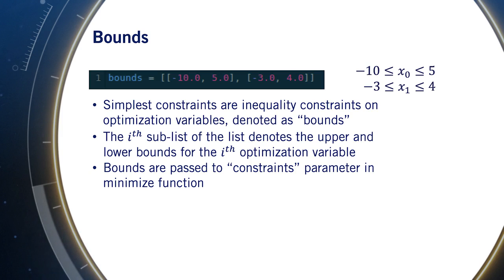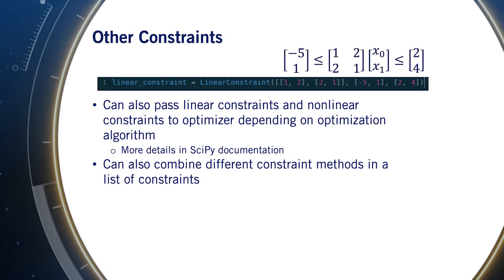In other words, the first sublist corresponds to the bounds for x0 and the second sublist for x1, etc. These bounds are then passed to the constraints optional parameter of the minimize function. Linear and nonlinear constraints can also be passed to the optimizer, but for now we will focus on using bounds for optimization constraints. For more details, you can take a look at the SciPy optimization documentation online. You can also combine multiple types of constraints by passing in a Python list of each constraint object that you would like to use in the optimizer function.